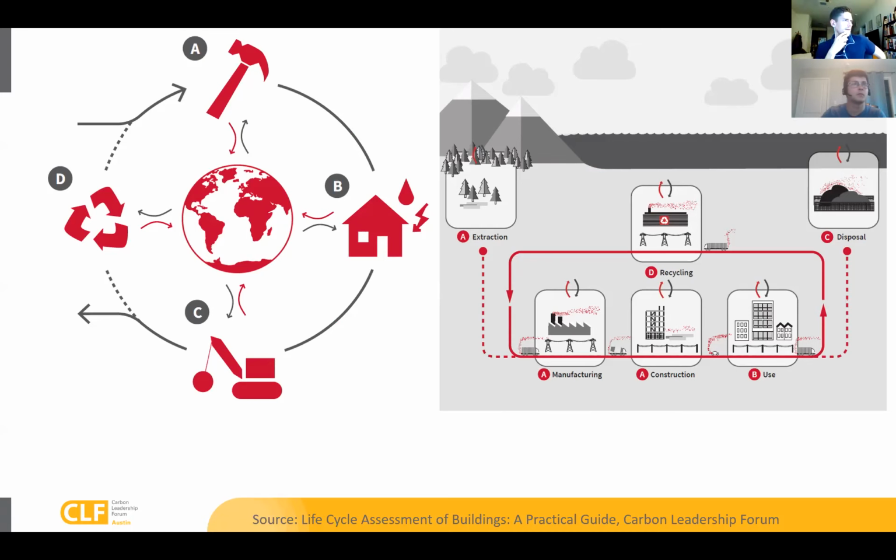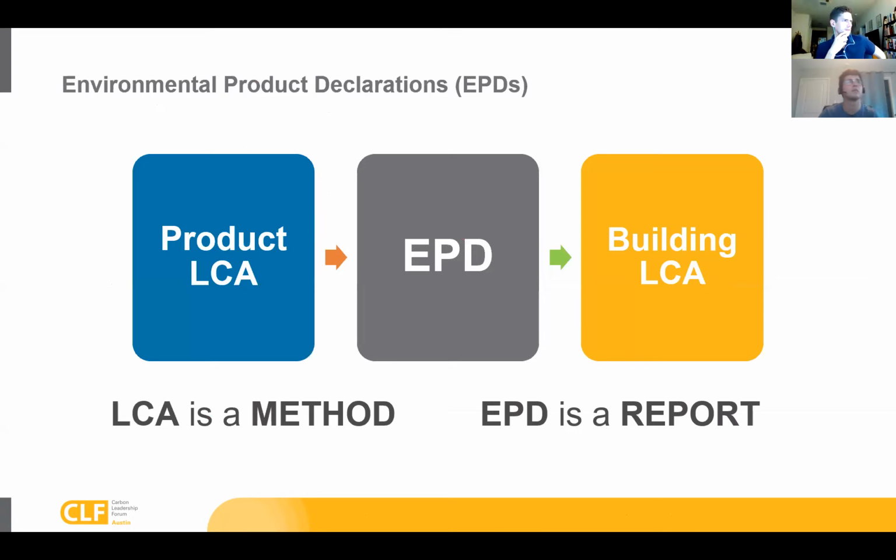And I think the next one, right, method. LCA is the method, EPD is a report. And this is just to say, and Martine, you can correct me if I'm wrong, but obviously an LCA is not necessarily an EPD. An EPD is the verification of a portion of an LCA that's done on a product.